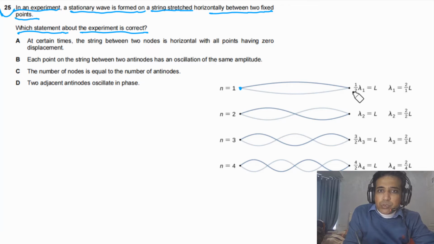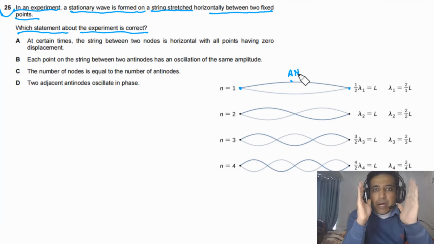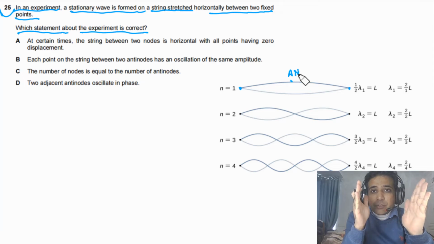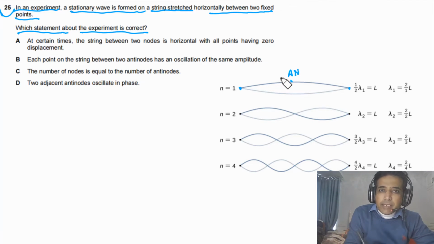This point is a node, this point is also a node, and this point is the antinode. All the particles between any two consecutive nodes are always in phase. But all the particles have different amplitudes. Also, if I imagine one particle here, after time T/4 this particle will be at this point.